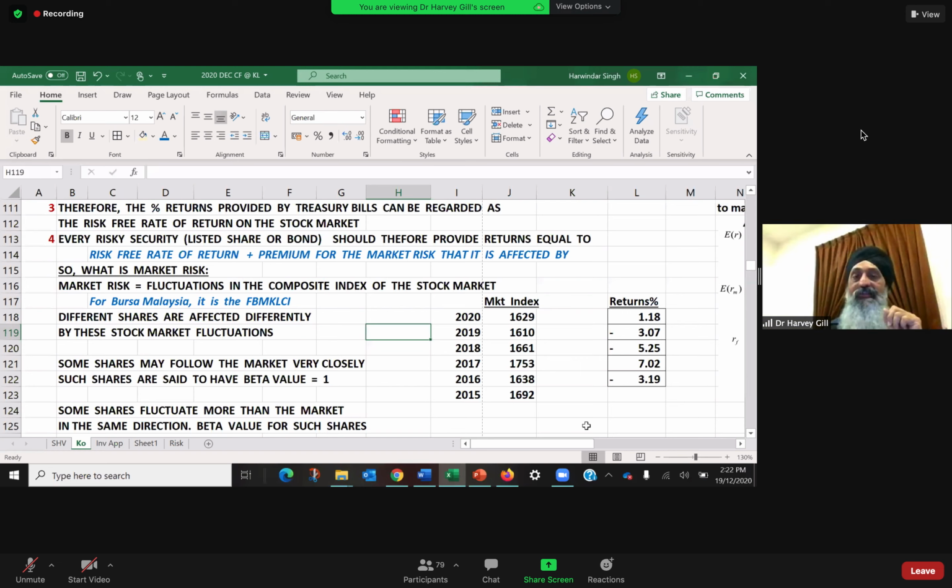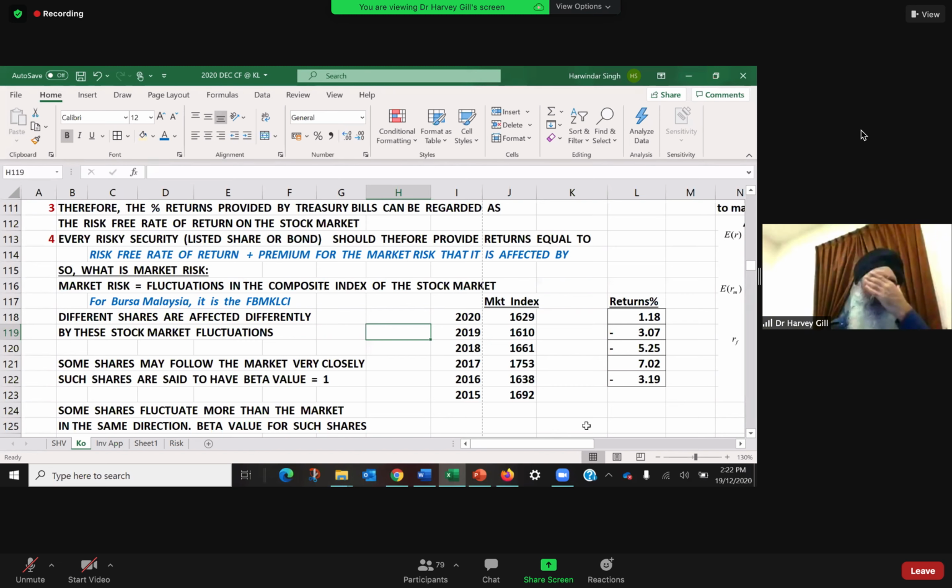And as we mentioned this morning, 100% as a decimal is 1.0. So when we say beta is equal to 1, it means you are 100%. Your returns fluctuate 100% similar to what you have on the stock market.